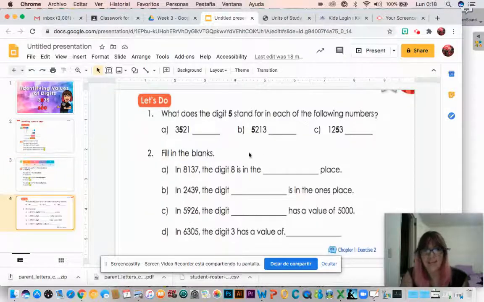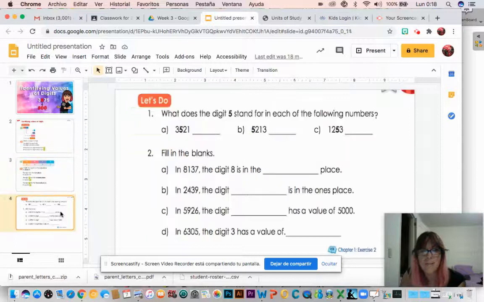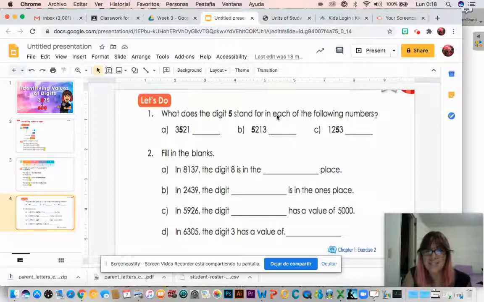And the last page now is completely independent work. In these two, I can guide you and help you a little bit, but in this one, all by yourself. Here, what does the digit 5 stand for in each of the following numbers?